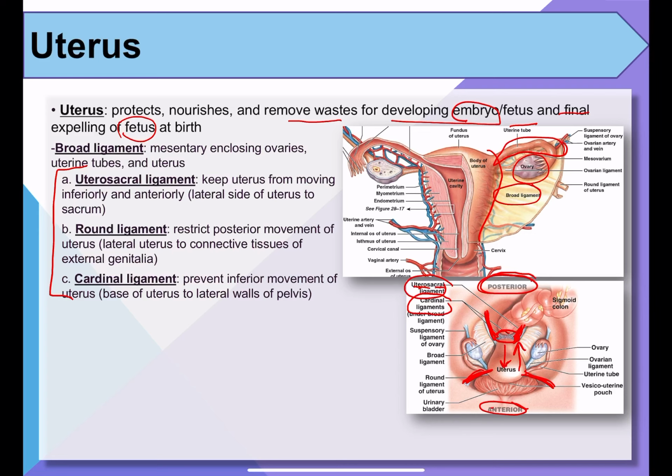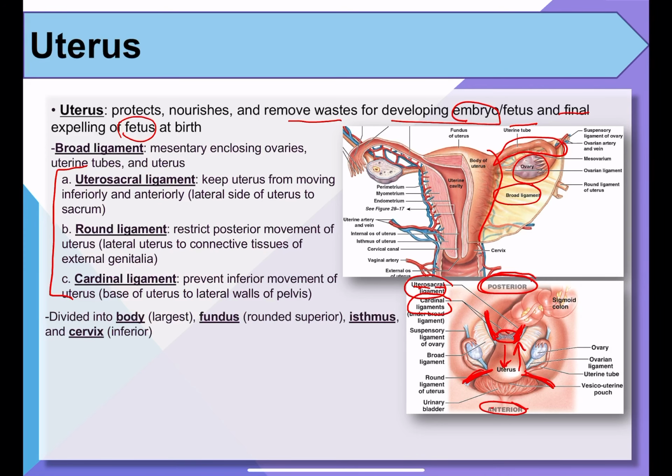Technically, that shouldn't happen because you have all these ligaments there to hold your uterus in place, unless those ligaments were really, really stretched out, or they were accidentally cut during surgery, let's say a C-section or something. But if everything is normal, your uterus is very well anchored in place by all these ligaments. So those are just weird myths out there.